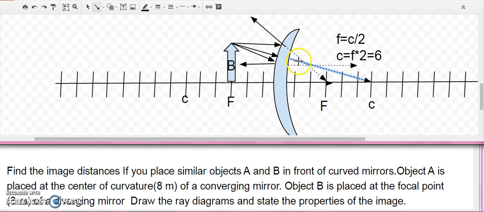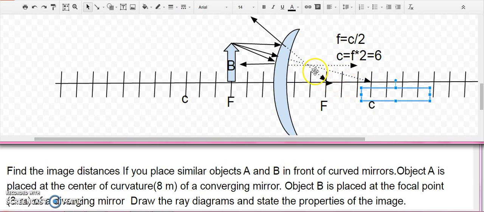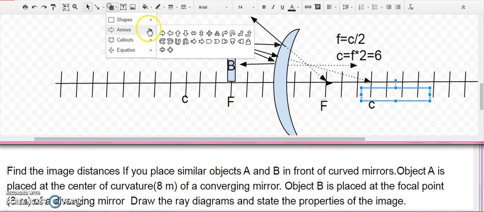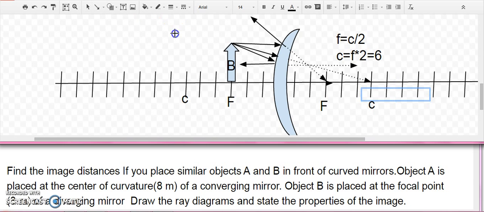And now we will find where our image is. Since this spot right here is where our images converge, we will place an object there as we did for part A. However, this one is standing upright, so it's not inverted.